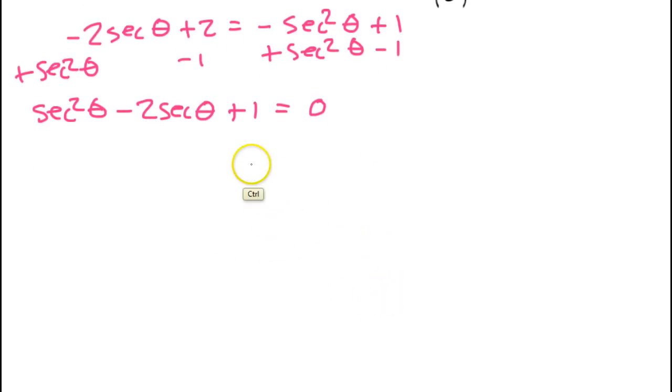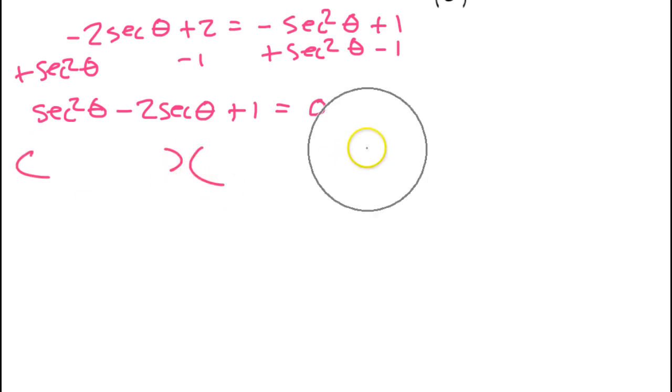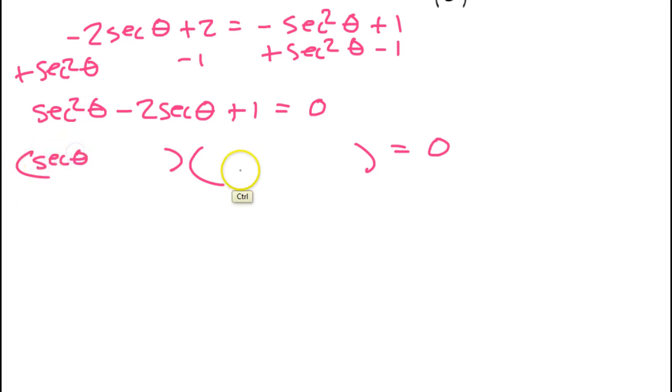So this is probably factorable, so I'm going to go ahead and attempt to factor this. Secant squared can only factor as secant times secant. 1 is only going to factor as 1 times 1. Now the key to my method of factoring is inner plus outer must equal the middle.